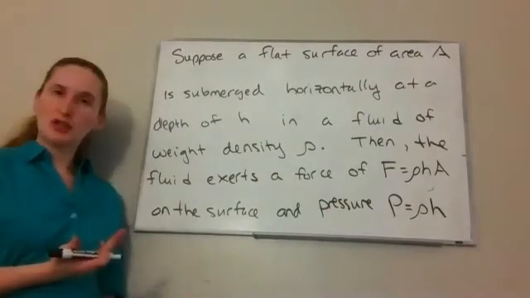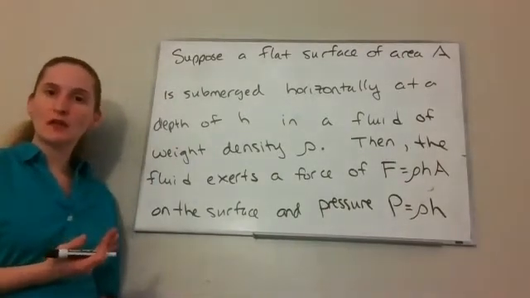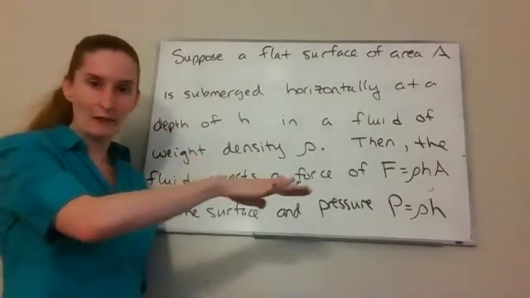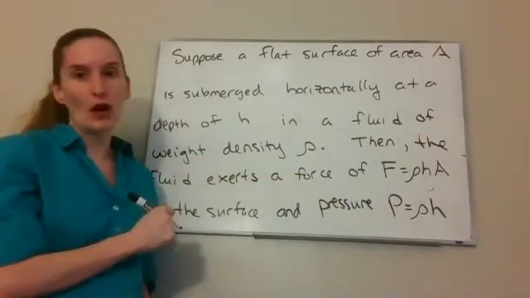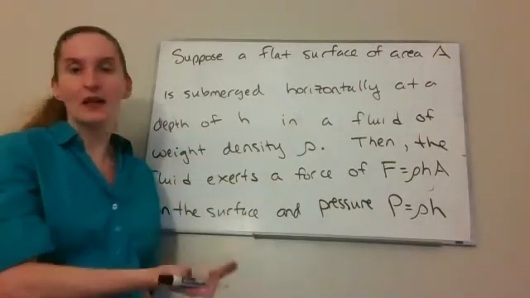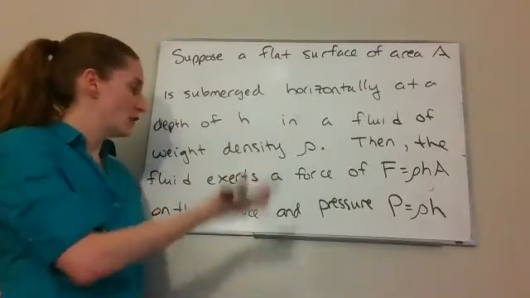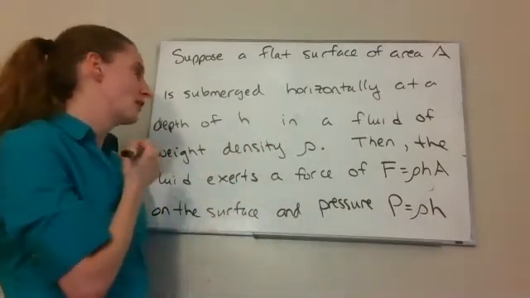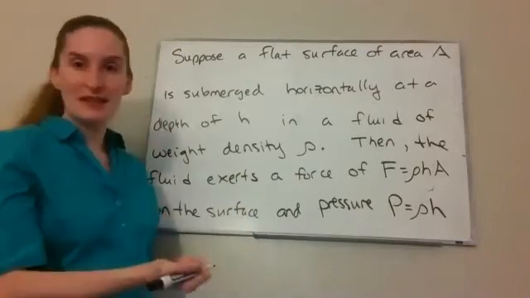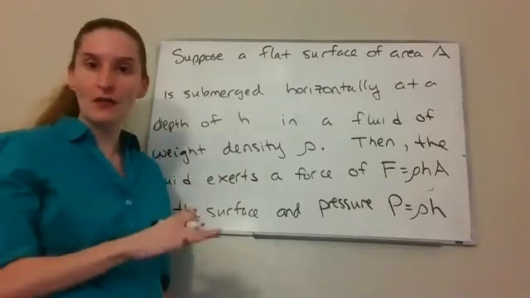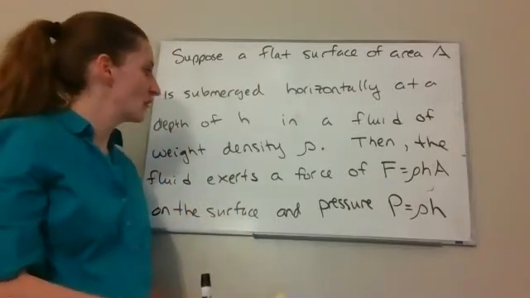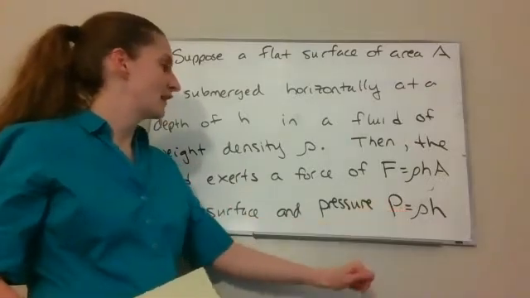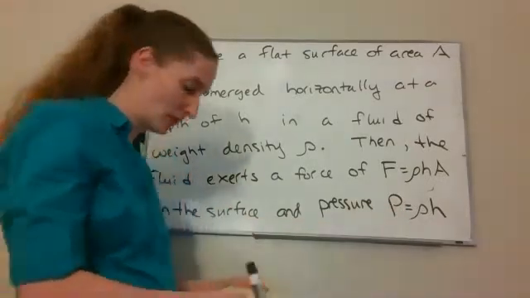If we submerge our surface horizontally, that means it's laying flat in the water or whatever liquid it's being submerged in. Then there's a force given by the weight density times the depth times the area of our surface, and the pressure is just the weight density of the fluid times the depth.